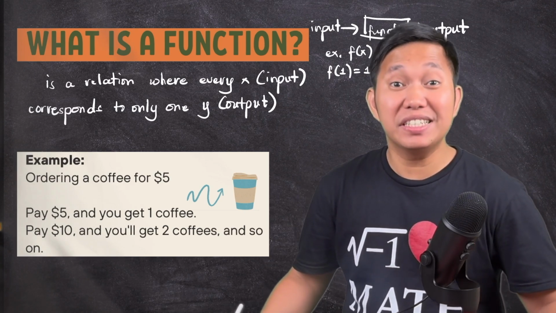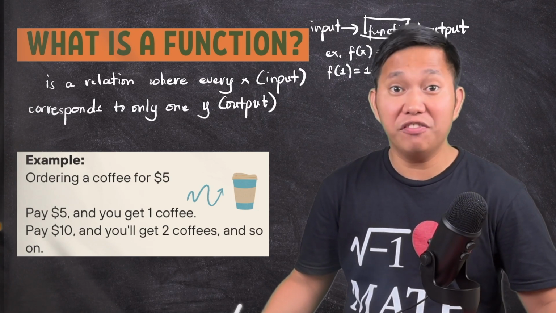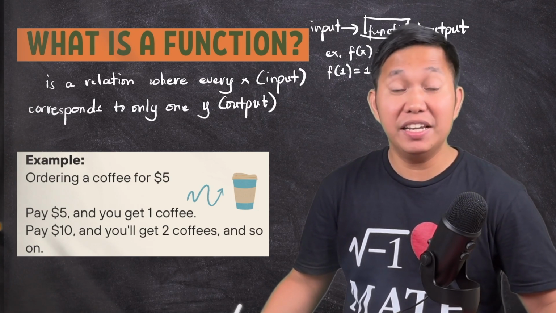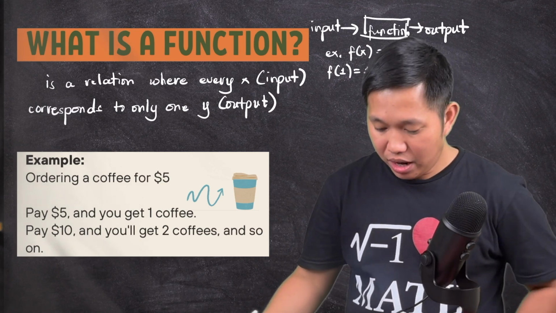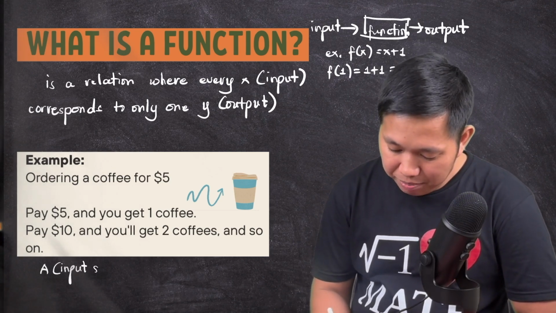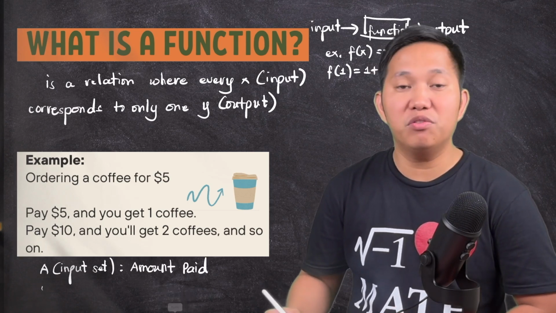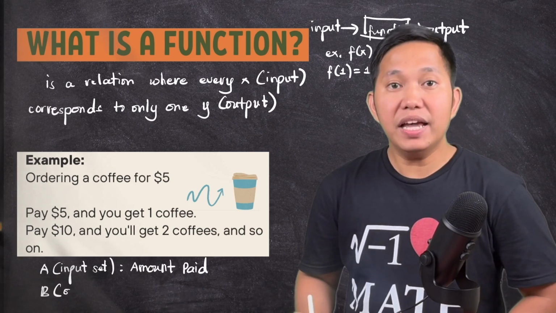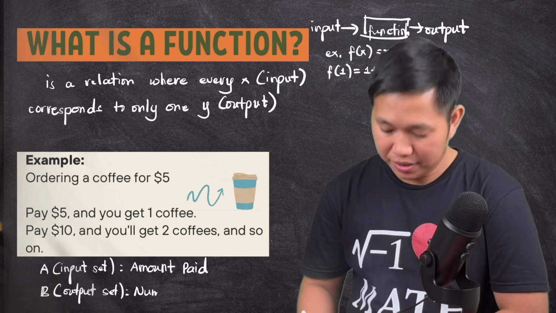Now let us try to examine this scenario. Does this relation, ordering a coffee for $5, represent a function? Let's find out. We let set A, or the input set, be the amount of money paid, and set B, or the output set, be the number of coffees bought.